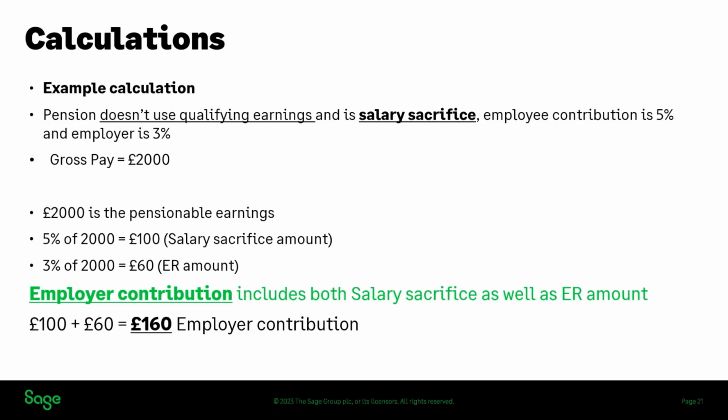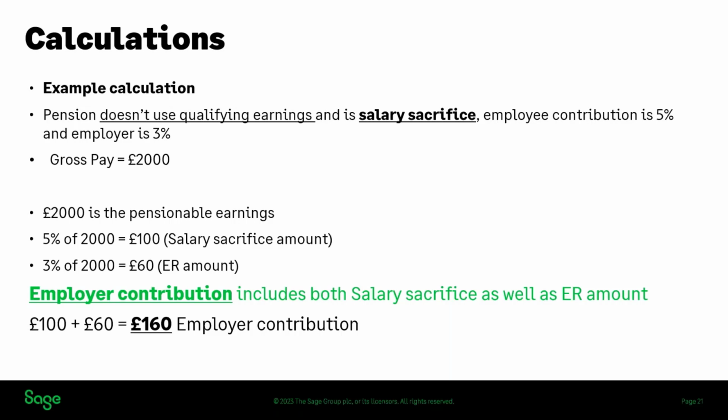So in this case, the full £2,000 is pensionable earnings because it's not using qualifying earnings. And the amount sacrificed by the employee is 5% of that, which is a nice easy £100. The employer's contribution is 3% of 2,000, that's your £60.